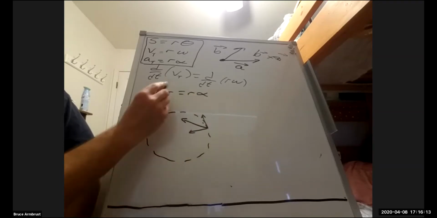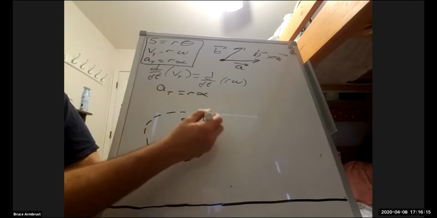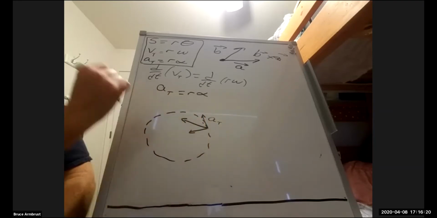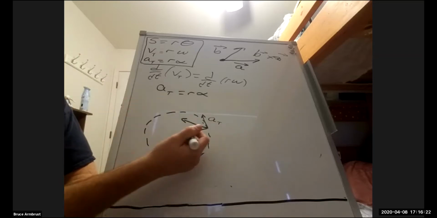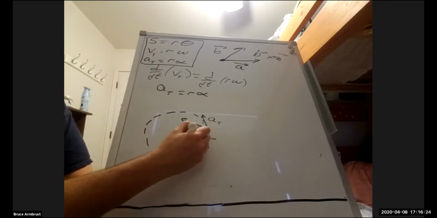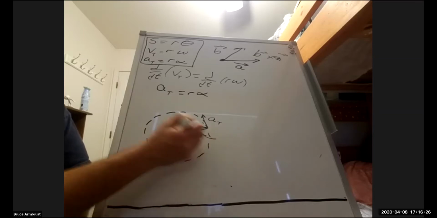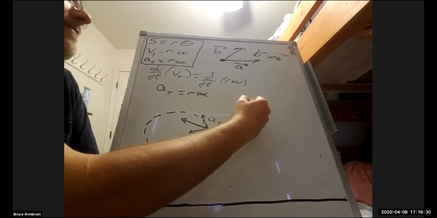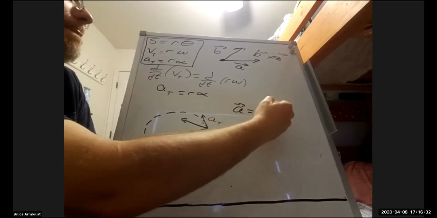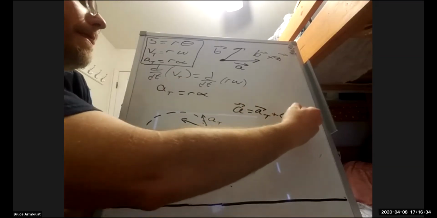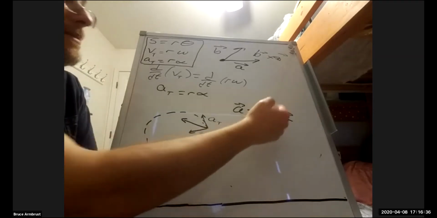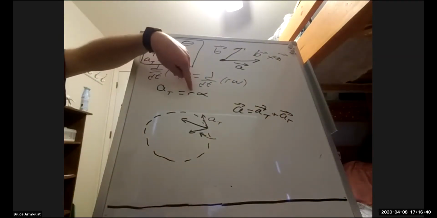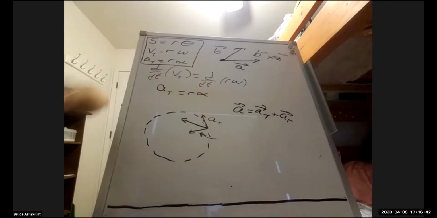So this r alpha tells us the magnitude of the tangential piece. We'd also like to get the radial bit, because the acceleration vector itself is going to be the sum of those two things. So I can find the magnitude of a_t, but I'd really like to find the magnitude of a_r.